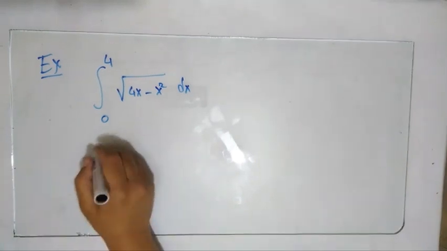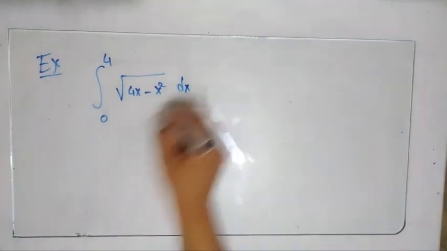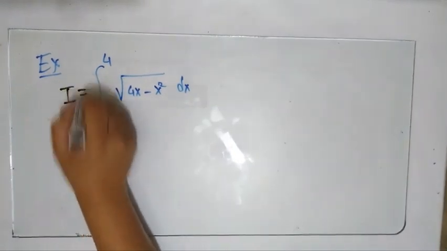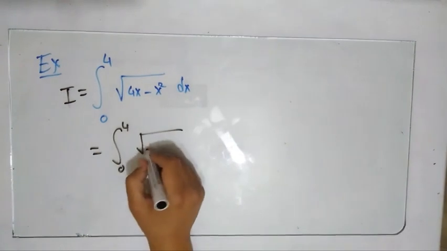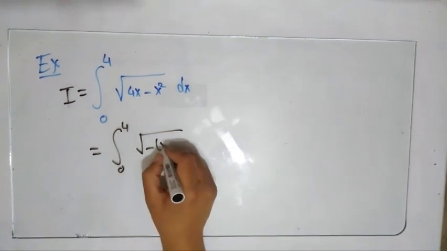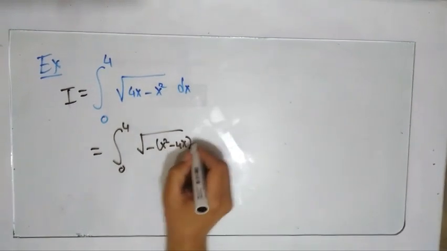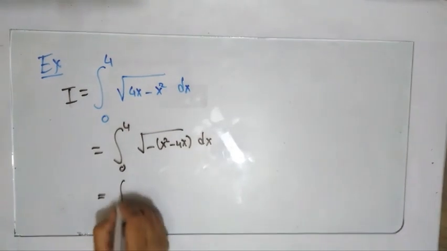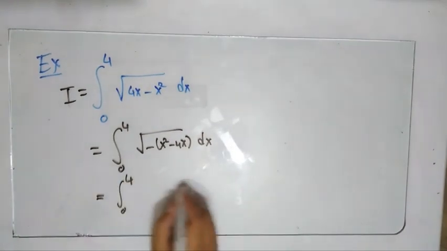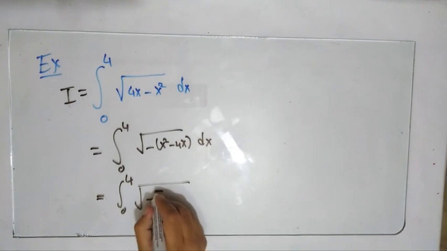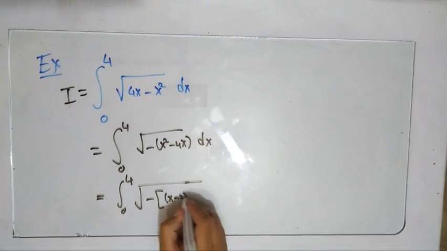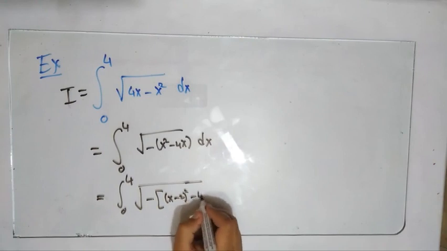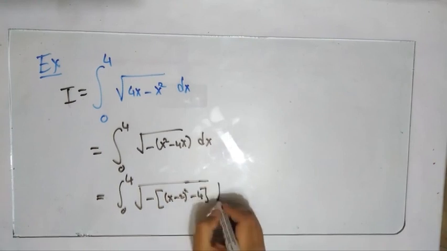If we call it I, we can rewrite it from 0 to 4 as the square root of negative times x squared minus 4x with respect to x. By using the completion of the square, you will have negative, and then a square bracket with x minus 2 all squared, and then you have to subtract 4 again, so you'll have something like this.